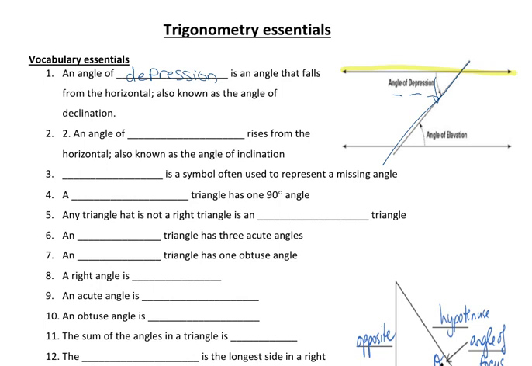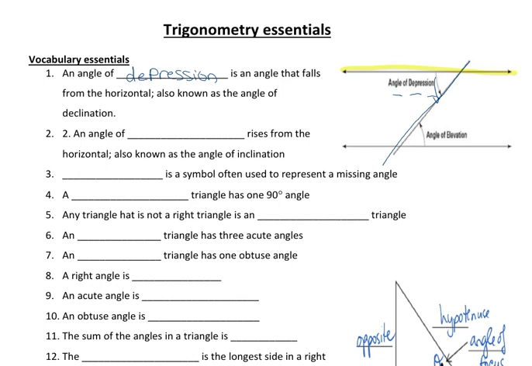And I say that the angle of depression from my line of sight to that bag is, let's say, 30 degrees. Basically, I'm going to have to draw a horizontal line coming out of my eyes, and the 30 degrees is the angle formed between the line of sight out of my eyes and the horizontal line.